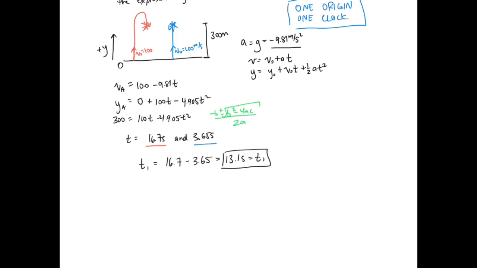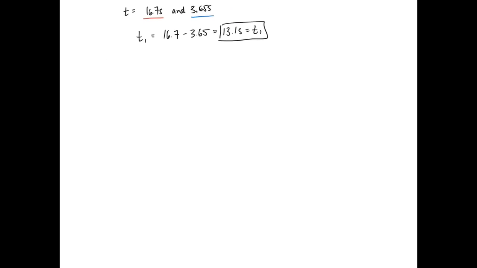To calculate the velocity of B relative to A at that moment, I'm going to move this up, we calculate VA at that moment and VB because we have an equation for the velocity. So VA is equal to 100 minus 9.81 times 16.7 seconds, which is equal to negative 64.1 meters per second.